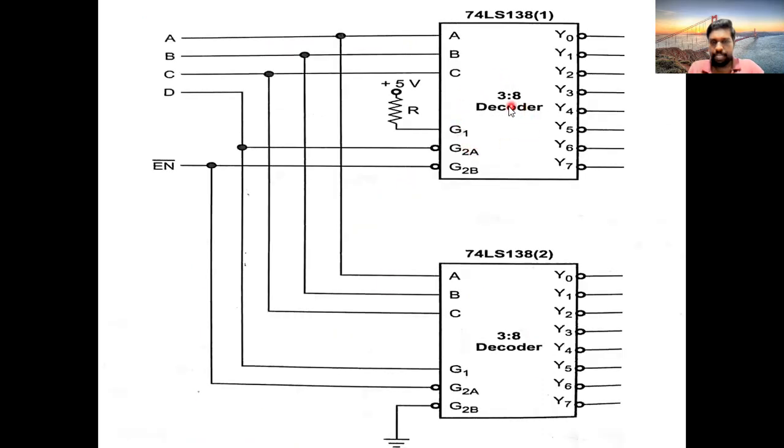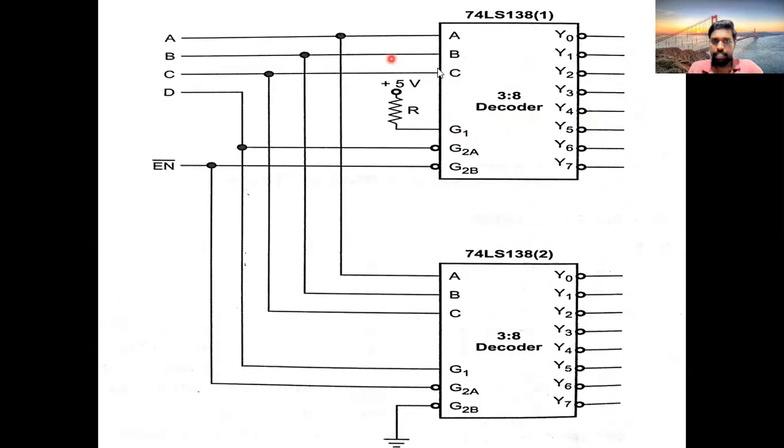When you see this diagram, this is the first decoder and this is the second decoder. I am taking two separate 74138 circuits. Here I am having 8 outputs, and here I am having 8. If I want to add these, then definitely I should tie up the inputs.